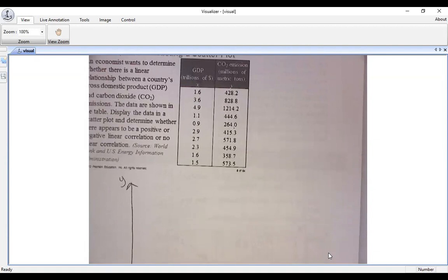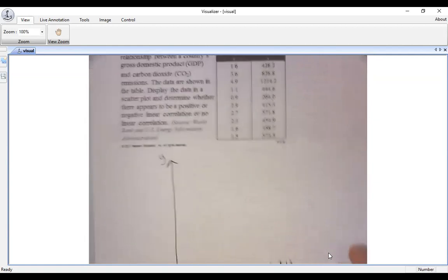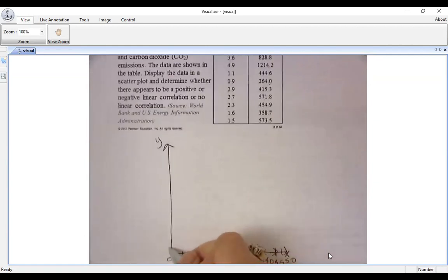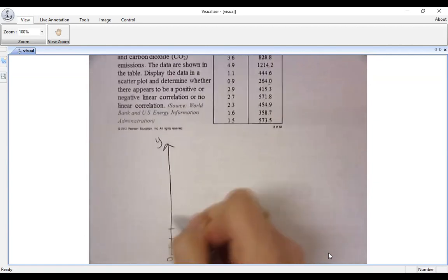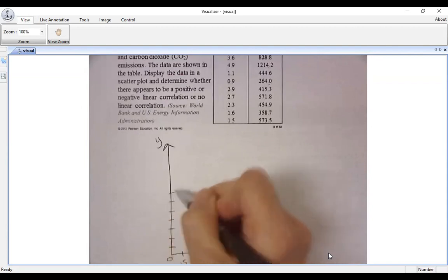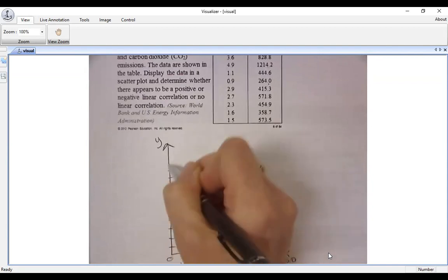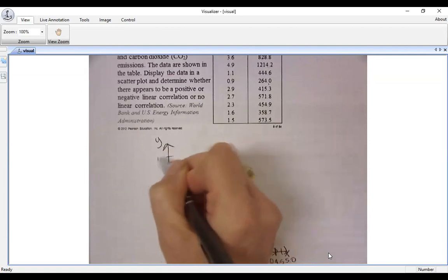What do you think you might want to count by here? How much? 200. Okay, I got a suggestion for 200s. What do you guys think? Yeah, if you want to count by 100s, you can. If you want to count by 200s, you can. And so I'm going to put 1, 2, 3, 4, 5, 6, 7, 8, 9, 10, 11, 12. I'm going to go ahead and count by 100s.